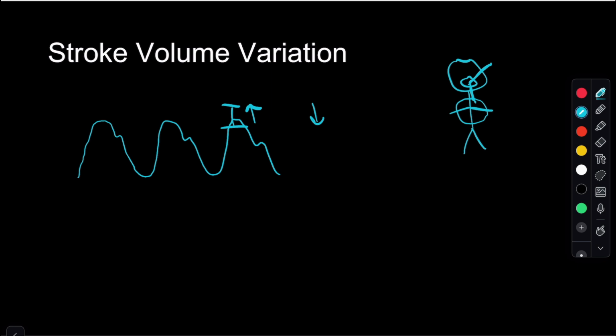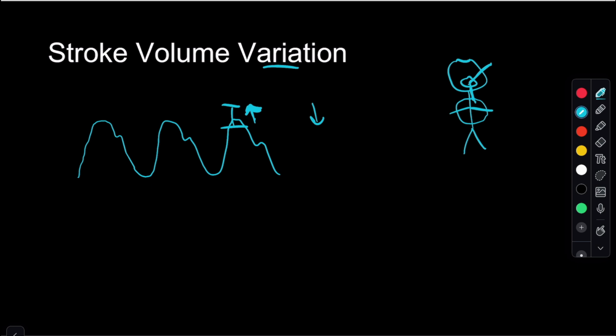Now, stroke volume variation, variation is the key word, depends on how great a variation you get in your stroke volume, which you're measuring off of your arterial line waveform, and that correlates to the volume status of a patient.